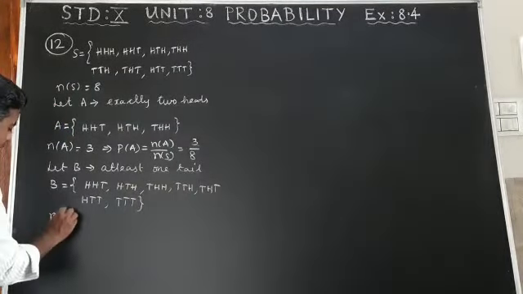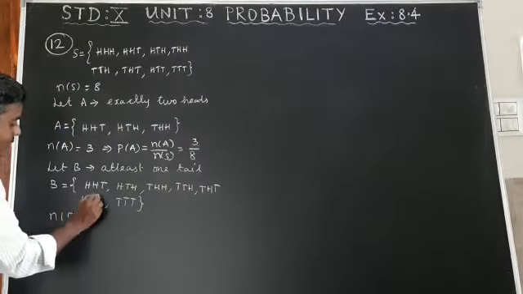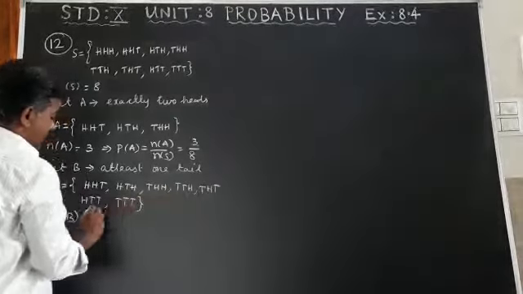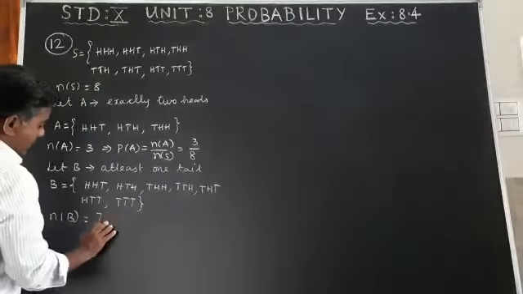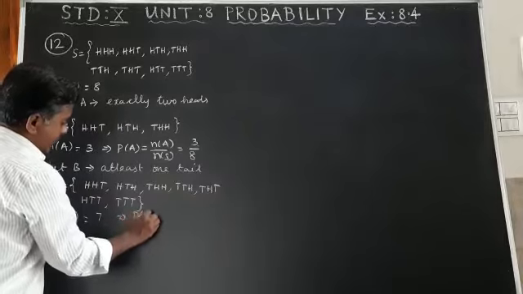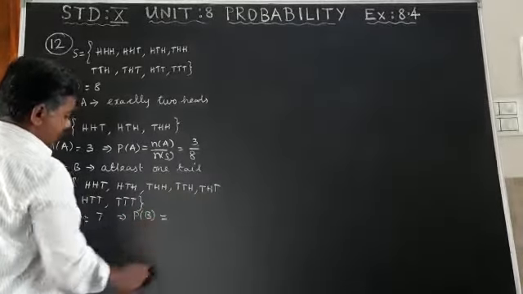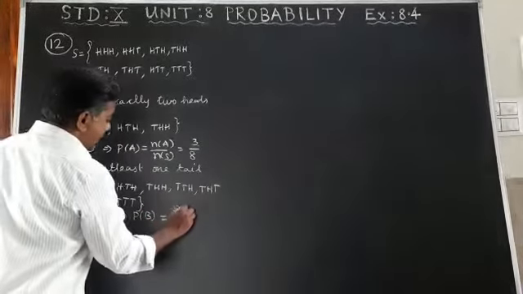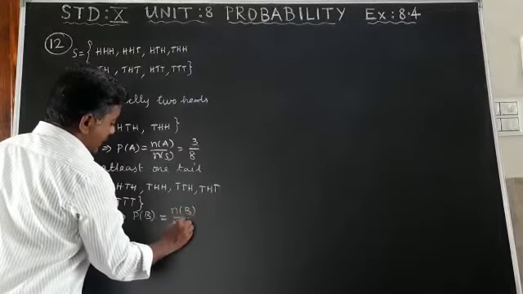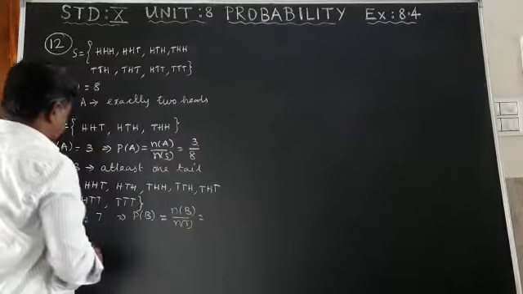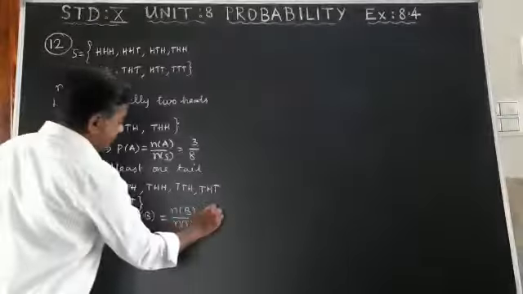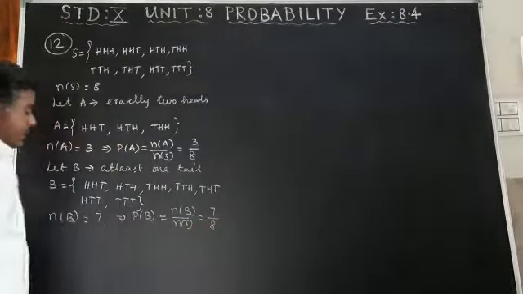So n of B is equal to 7. Then P of B is n of B by n of S, 7 by 8.